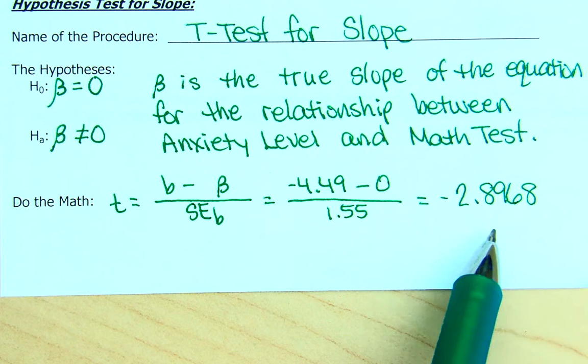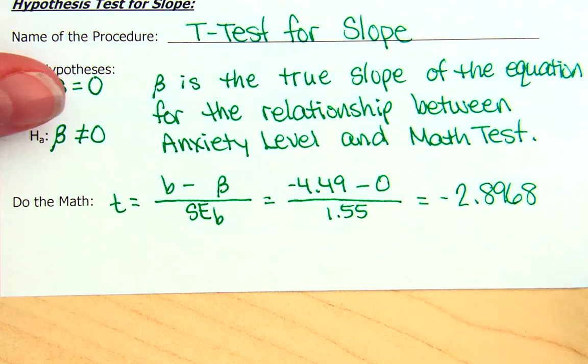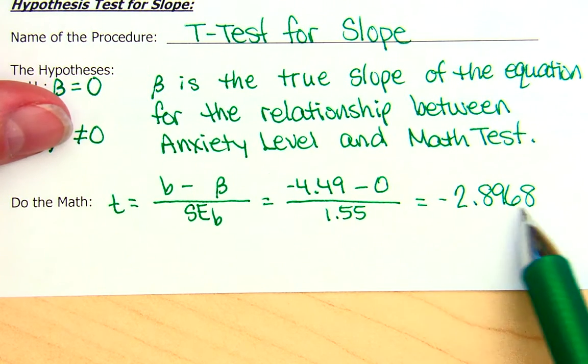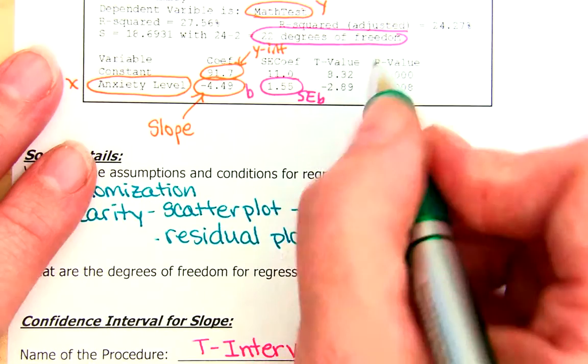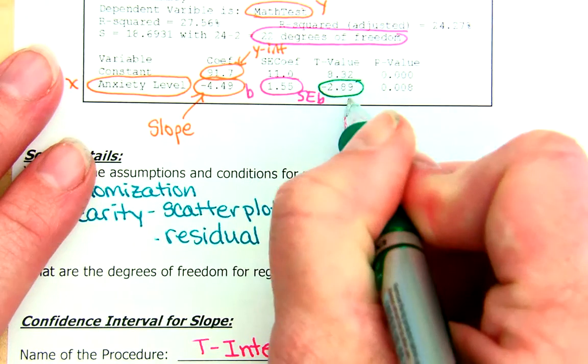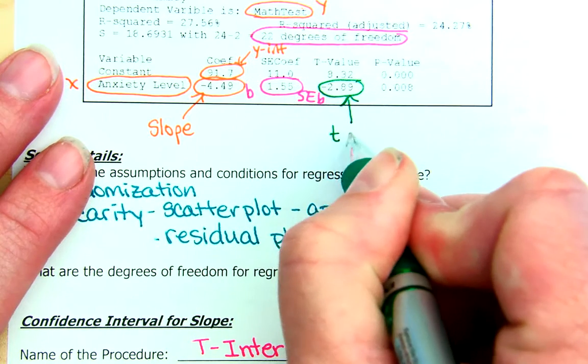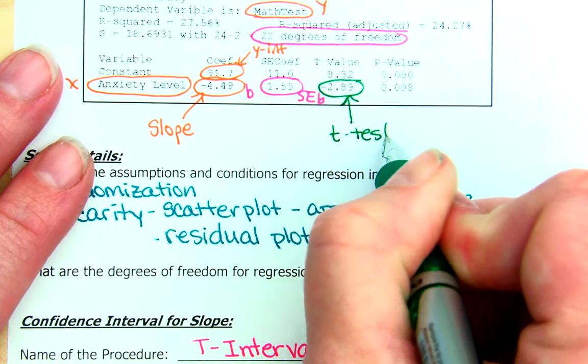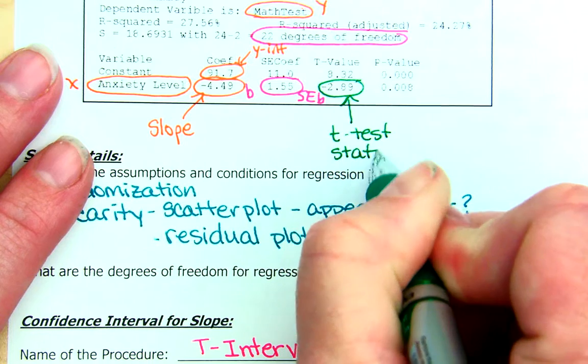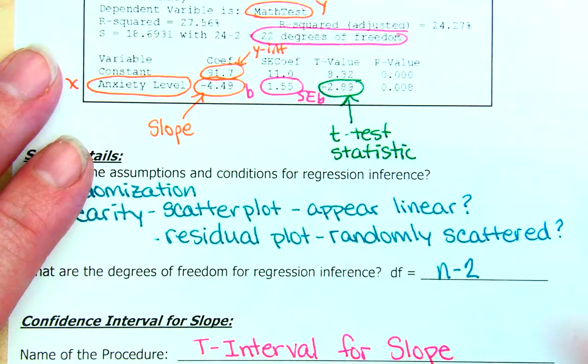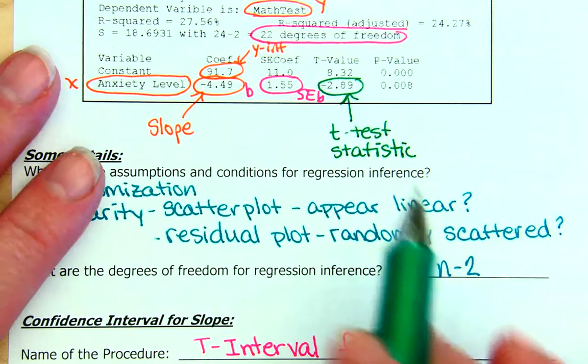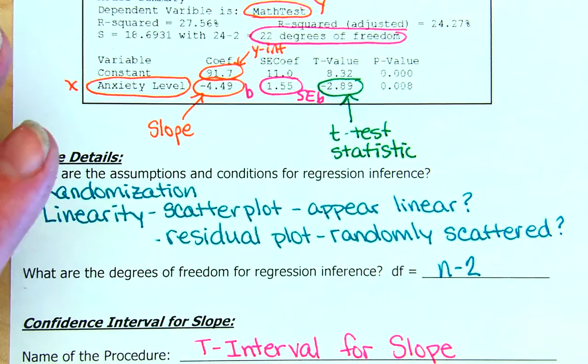Now, if we look back at our computer output at the top, this negative 2.8968, you'll notice is right there. That's the t-test statistic. So when you're calculating it, it should match what you have in your output.